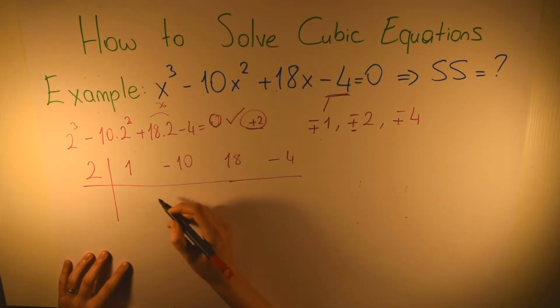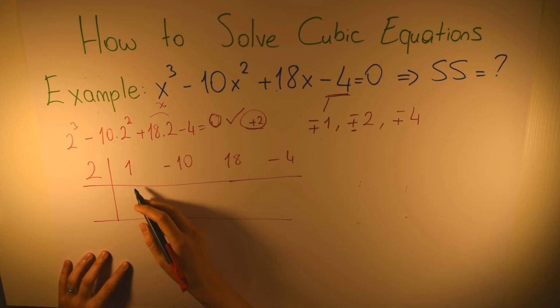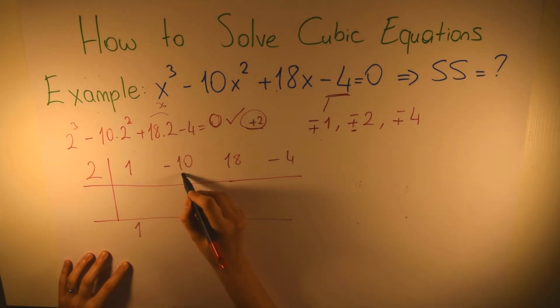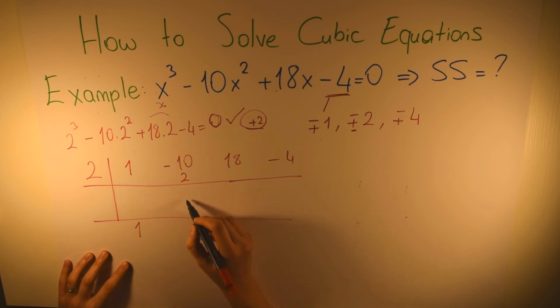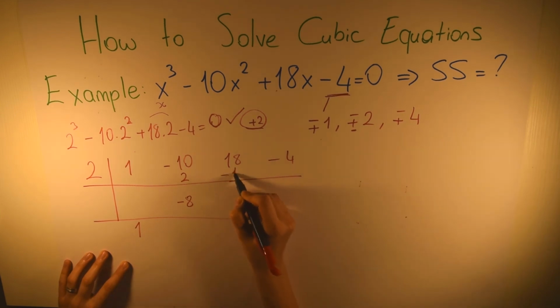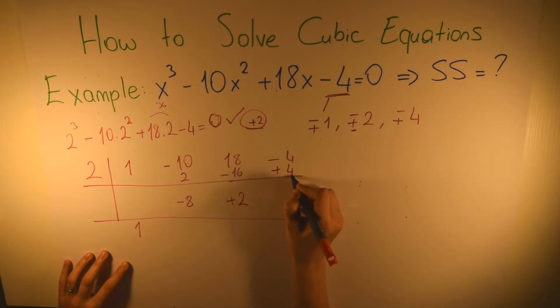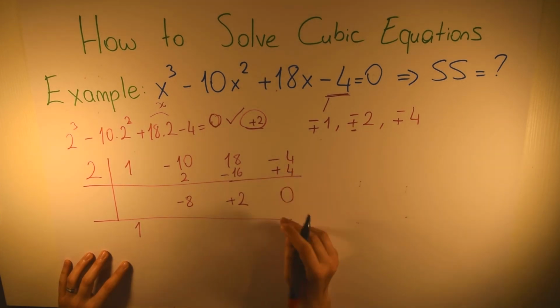After that, I write 1 here, so 2 times 1 is 2, I write it here. Minus 10 plus 2 is minus 8. 2 times minus 8 is minus 16, so 18 minus 16 is plus 2. 2 times plus 2 is plus 4, minus 4 plus 4 is 0.